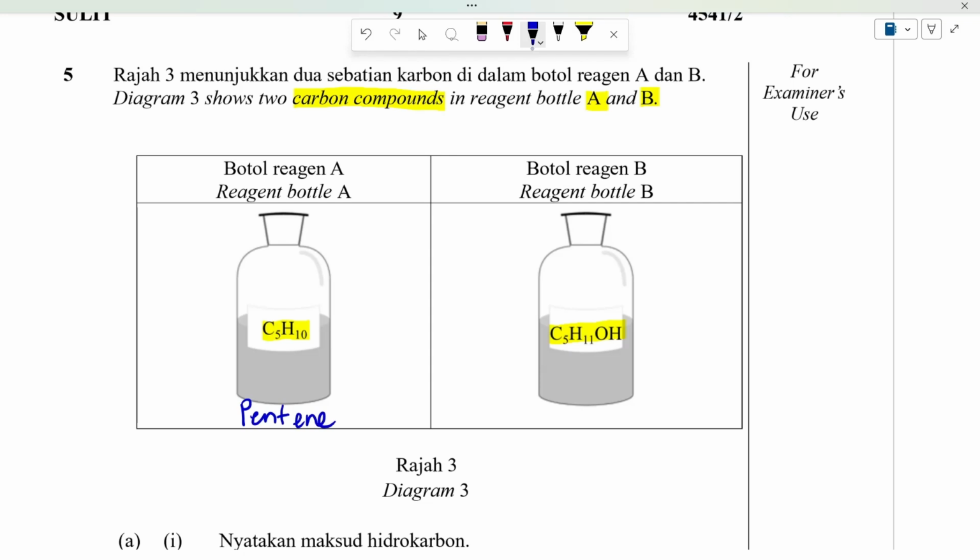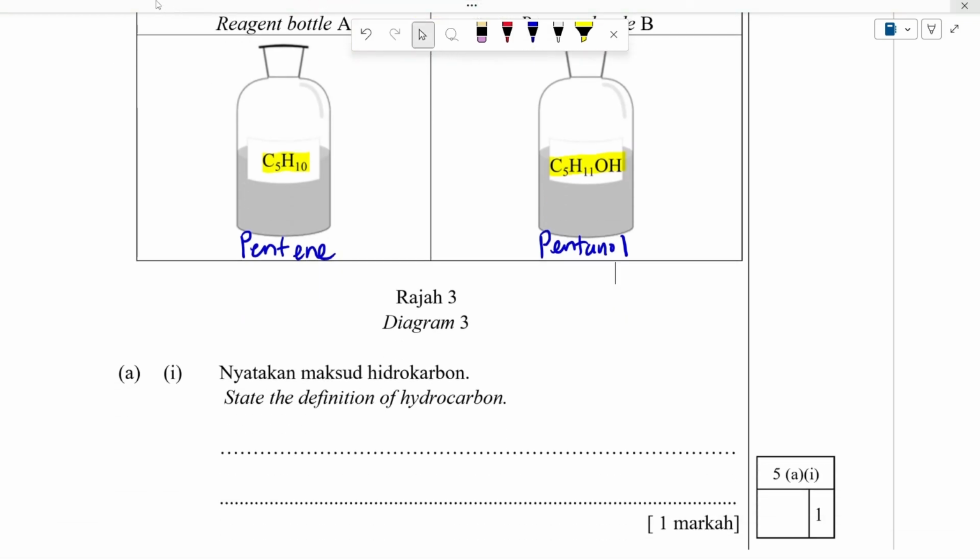How about this? Yes, pentanol. Alcohol. Now, what is the meaning of hydrocarbons?